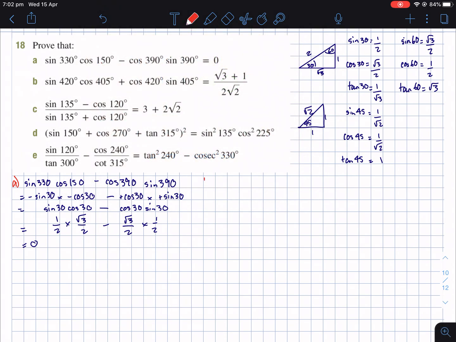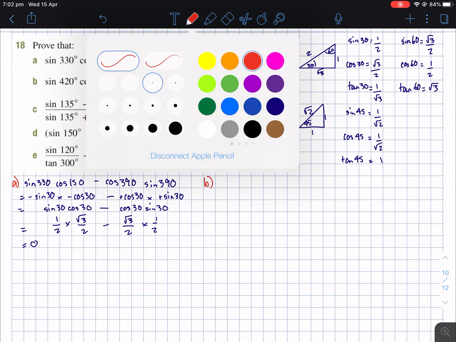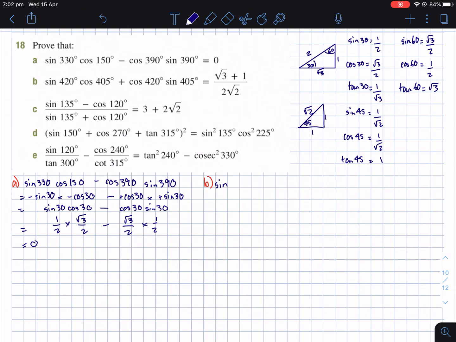All right. B, sine 420 cos 405, sorry, not cos 45, plus cos 420 sine 405. Now, sine 420, if we do 420 take 360, that's 60, so that's just sine 60.